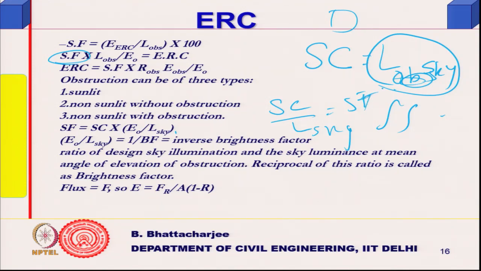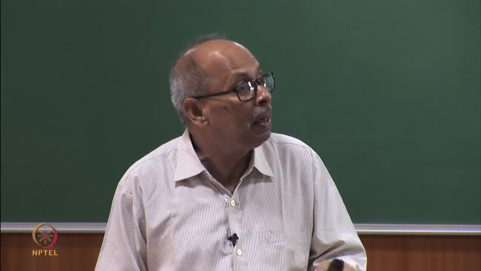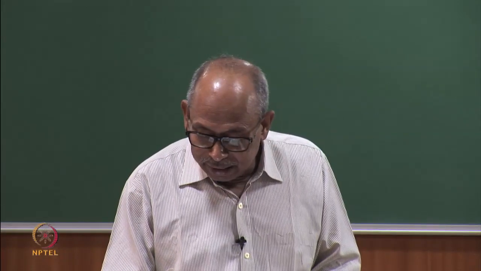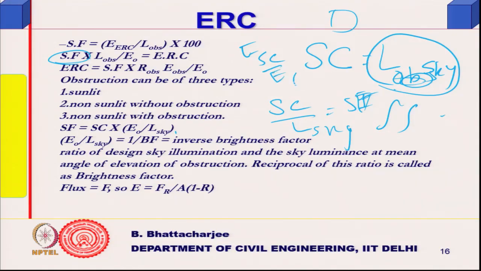Sky component is usually given as E sky divided by E 0, illumination due to SC divided by E 0. So, I multiply again by E 0. Let me repeat, what is sky component? It was actually ESC divided by E 0.